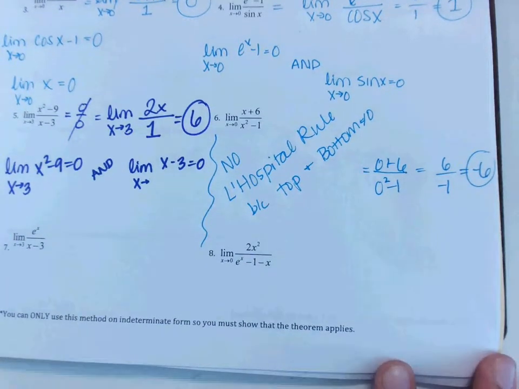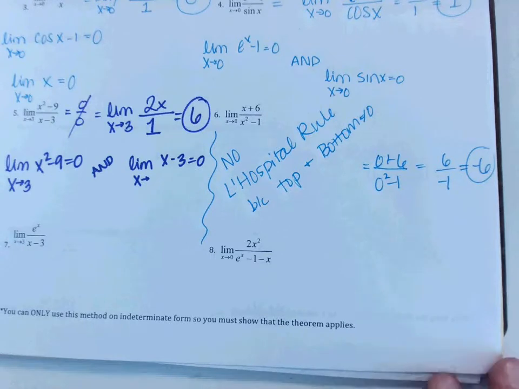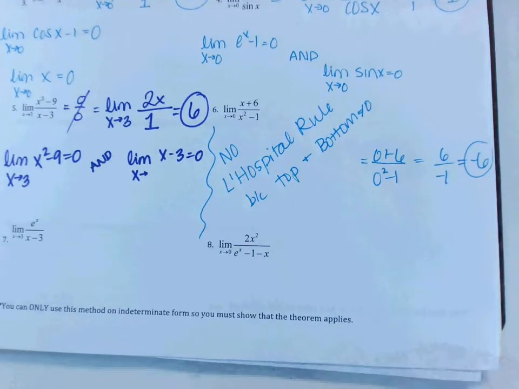Okay, numbers 7 and 8. Give them a shot. Number 7. Do you get 0 on the bottom? Yeah. So you use L'Hopital's rule? No, you don't get 0 on the top, so you can't use it.